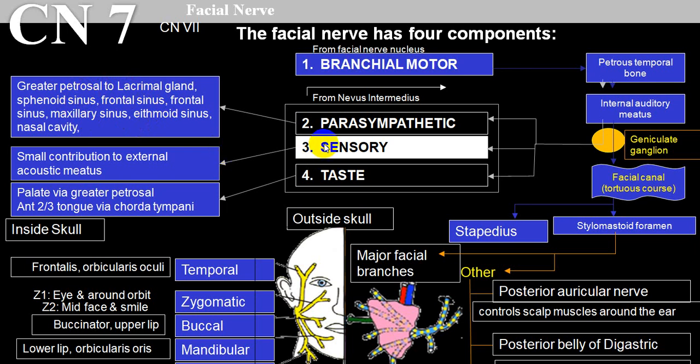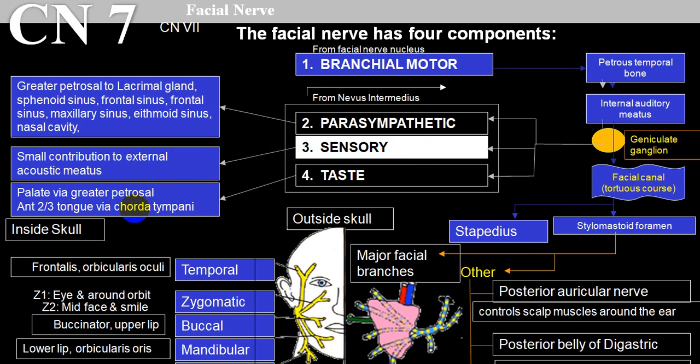And then there will be one sensory fiber, that will be via the chorda tympani, that is taste sensation, to the anterior 2/3 of the tongue via the chorda tympani, which will be combining with the lingual branch of the 5th cranial nerve, that is the mandibular division of the 5th cranial nerve.